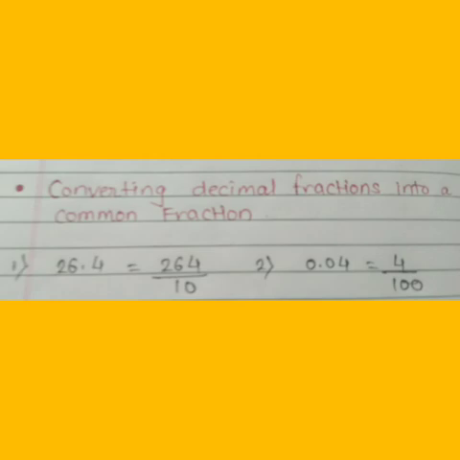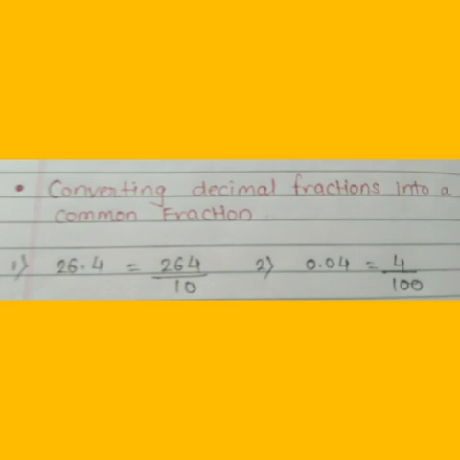For that we just have to put zeros in the denominator. How many digits are there after the decimal point? Here there is one digit after the decimal point, so just put 1 followed by one 0 in the denominator. So our answer is 264 by 10.